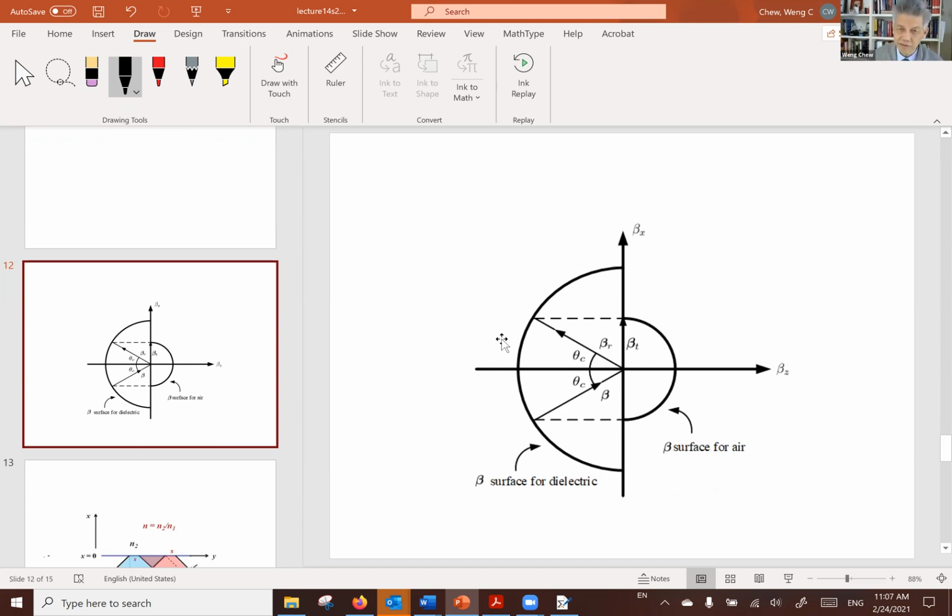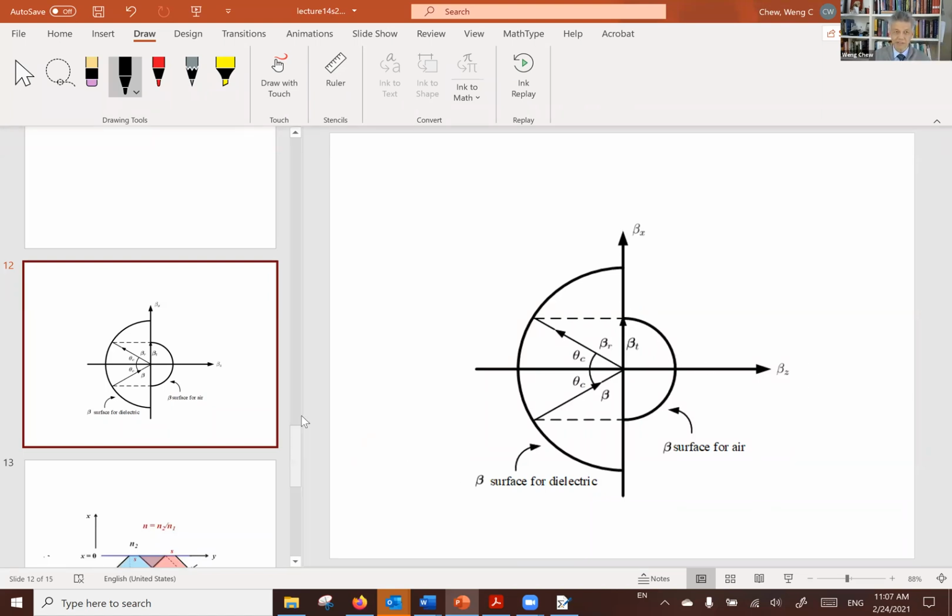The left circle would be a bigger circle than the right circle, and then the beta vectors will still be pointing in this direction, and you can draw them, and they will come to a juncture that if you increase the angle of incidence large enough, phase matching is still satisfied, but beyond that, phase matching cannot be satisfied. Can you see in this diagram? If I make this incident angle larger and larger, phase matching would not be satisfied. And beta t would actually become parallel to the surface.